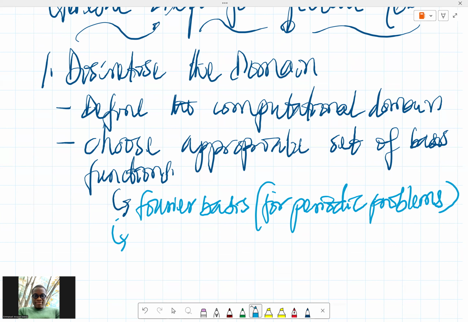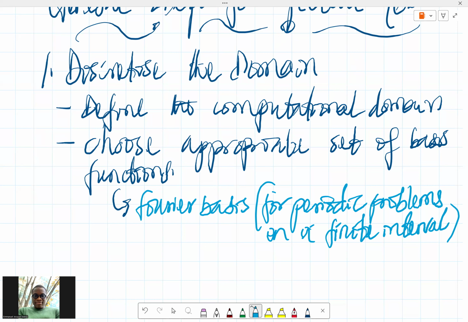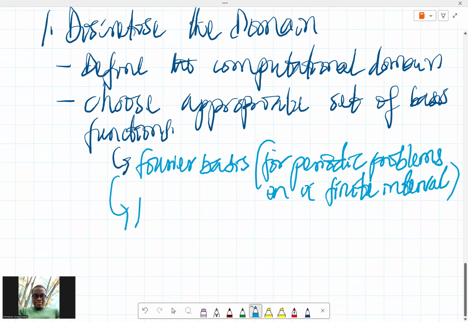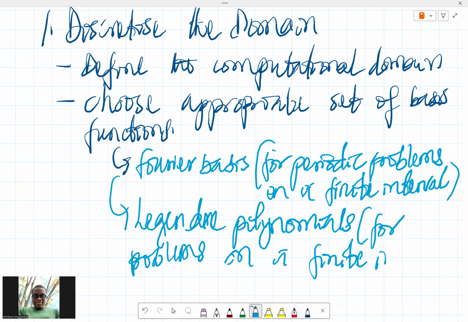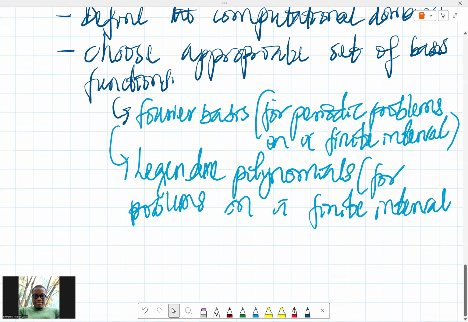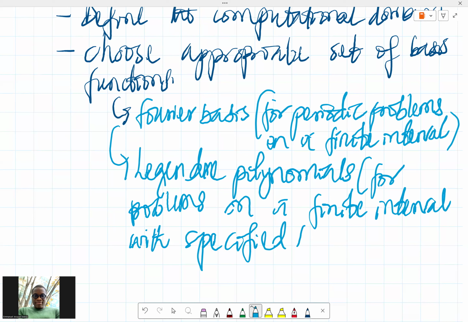Then for problems on a finite interval, you can choose Legendre polynomials, for problems on a finite interval with specified boundary conditions.